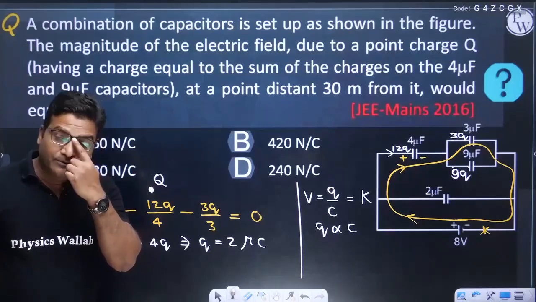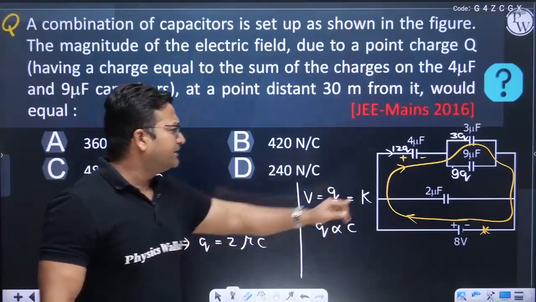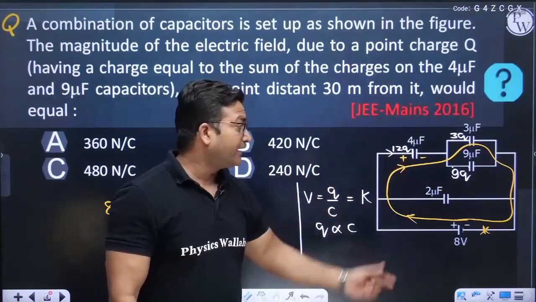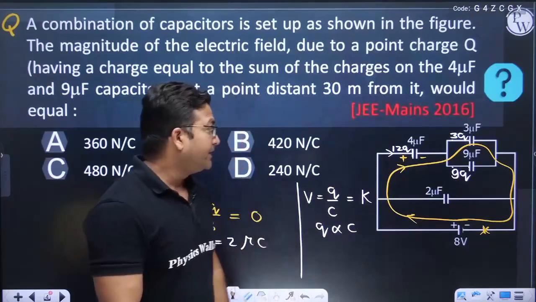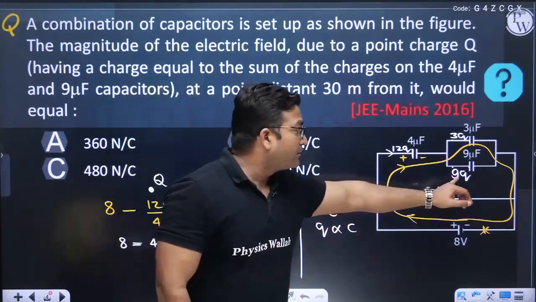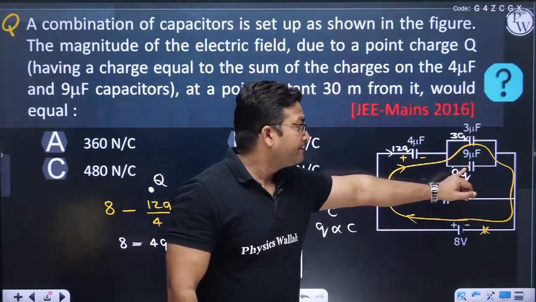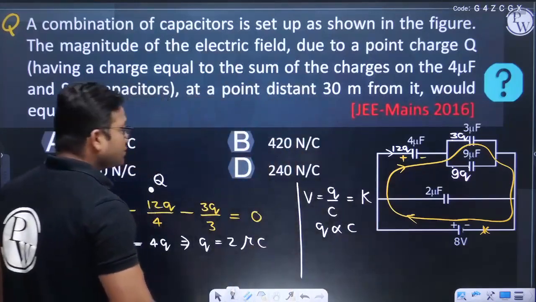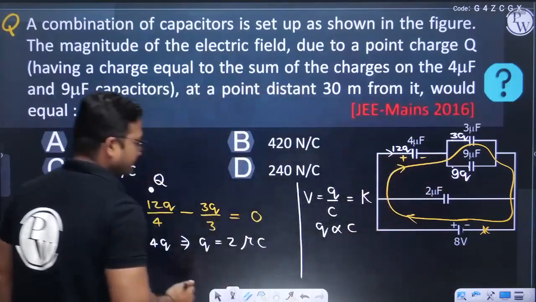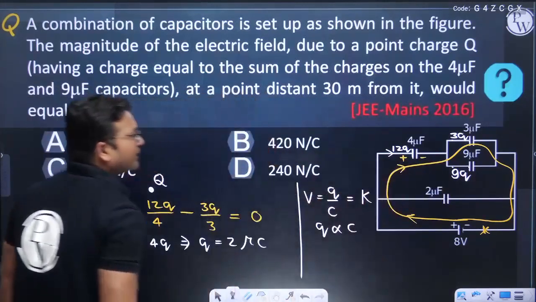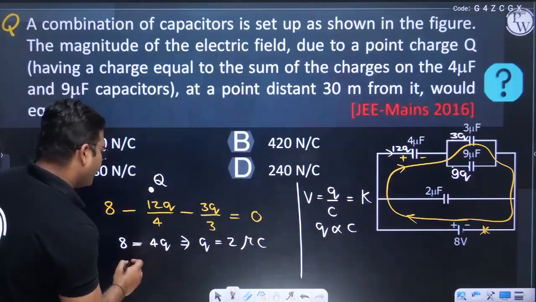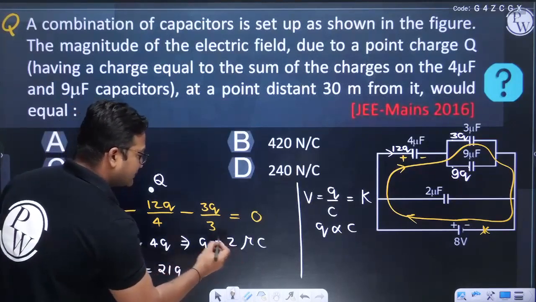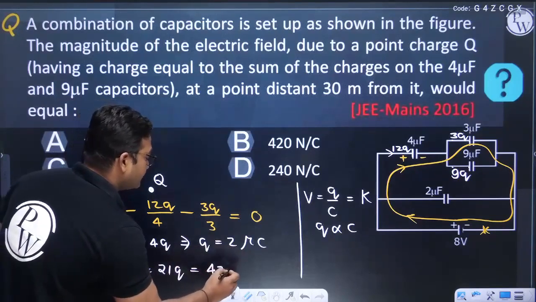If Q equals 2 microcoulomb, the charge on this capacitor would be 12 multiplied by Q, that is 24 microcoulomb, and the charge on 9 microfarad would be 9 times Q, that is 18 microcoulomb. So the total charge of these two capacitors will be 12Q plus 9Q, that is 21Q. Putting Q as 2 microcoulomb, it will be 42 microcoulomb.